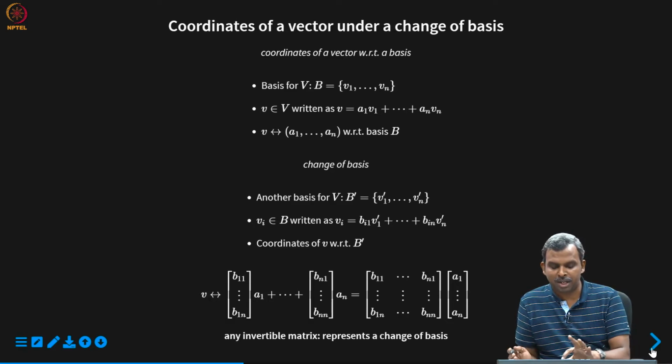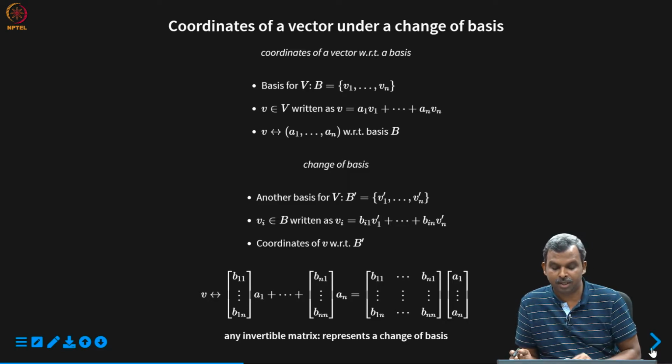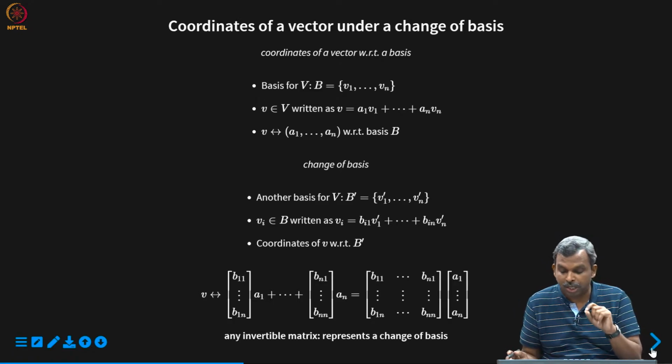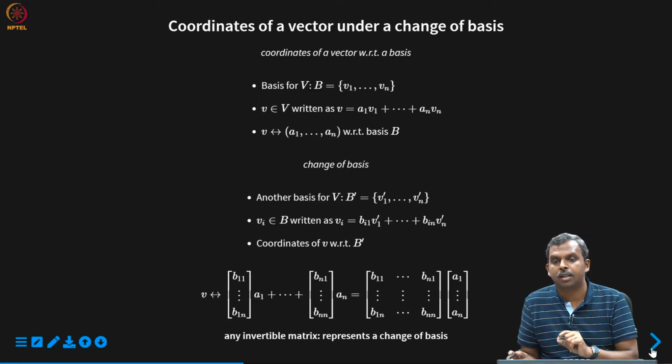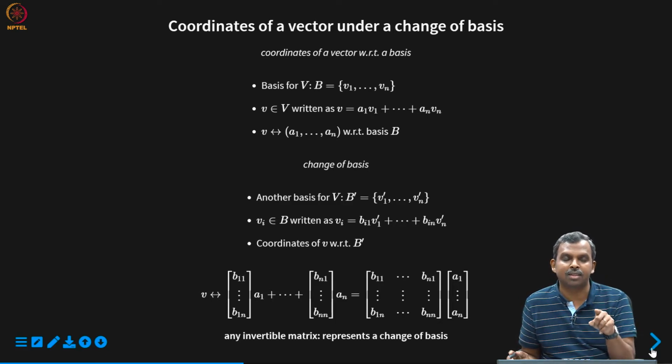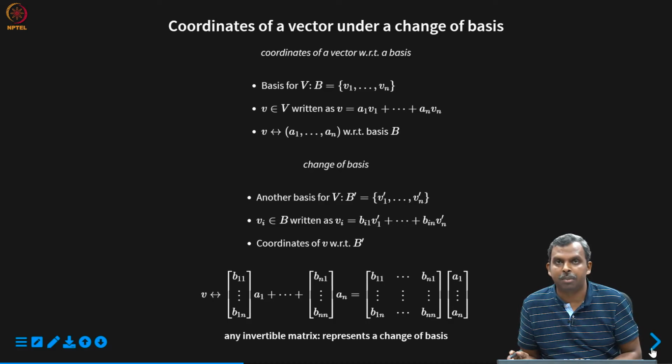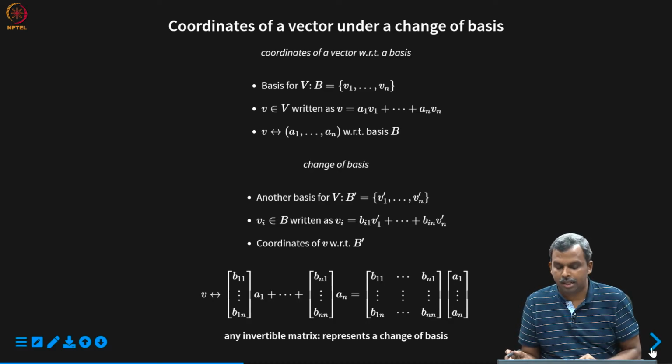So this matrix not only represents the change of coordinates, it also represents the new basis itself. Okay, so that's a nice thing to remember. So when somebody gives you a matrix corresponding to a coordinate transformation, the basis itself is hidden there. The new basis itself is basically the columns of that matrix. Okay, so these are all nice things to remember.